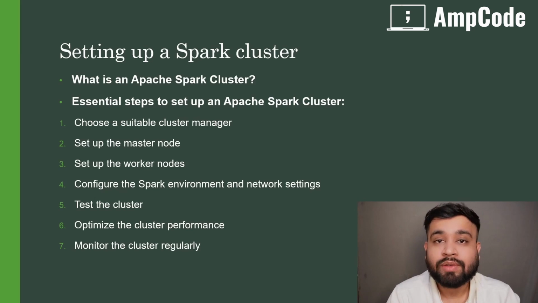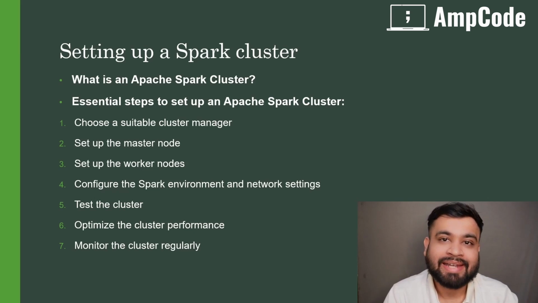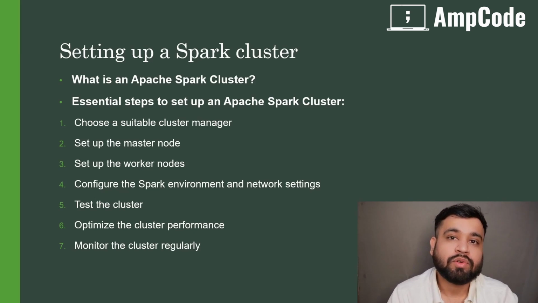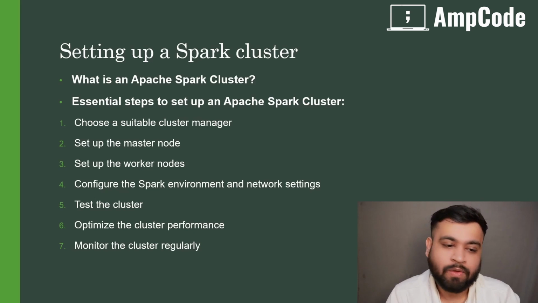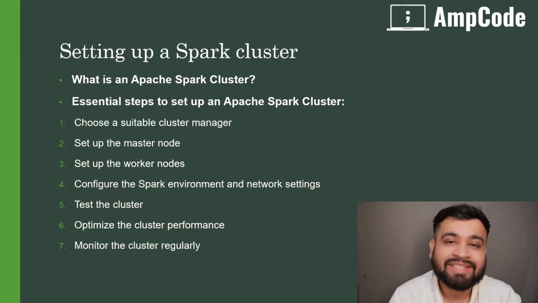But if you have Mesos or Kubernetes, then you can use those platforms to manage the resources of your Apache Spark cluster. Spark is all about versatility. It totally depends on your needs and what resource managers are readily available in your organization's data platform.